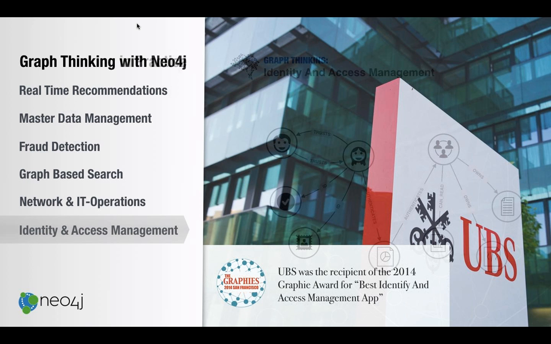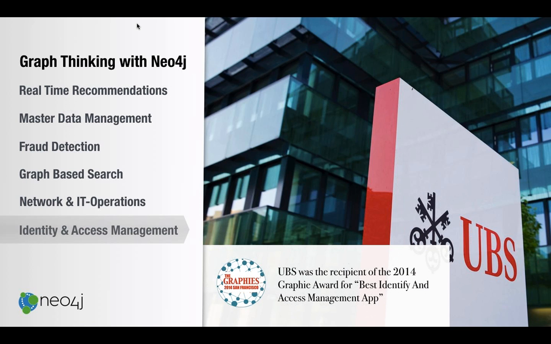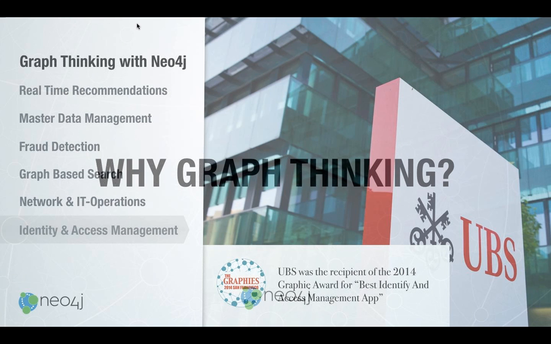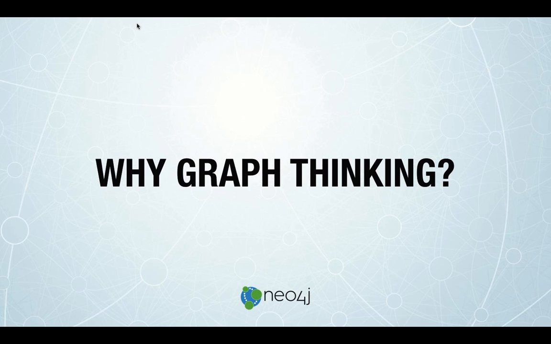So there's both authenticating people and authorizing people. These trees end up emerging, and the trees, of course, are interconnected. That creates a graph, and the easiest way to manage that entire graph is with a graph database. That's something that UBS has done superbly in an application, such that they got an award a couple of years ago for a fantastic identity and access management app that they had put together.